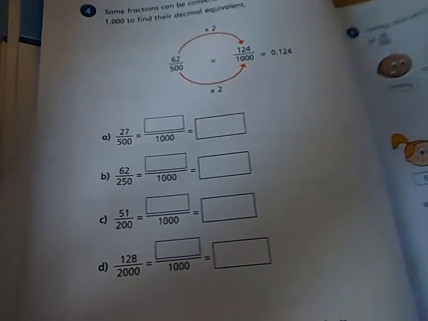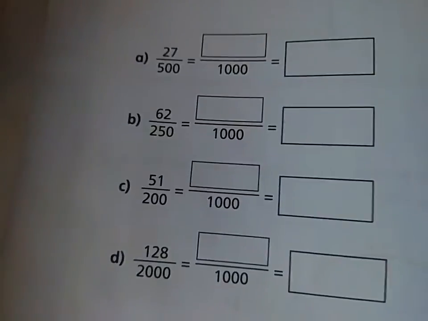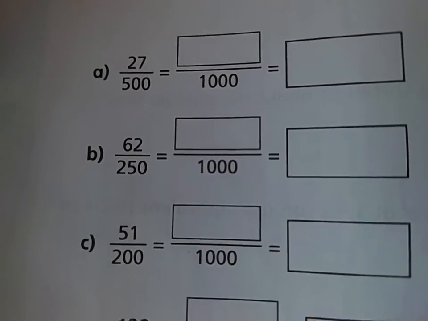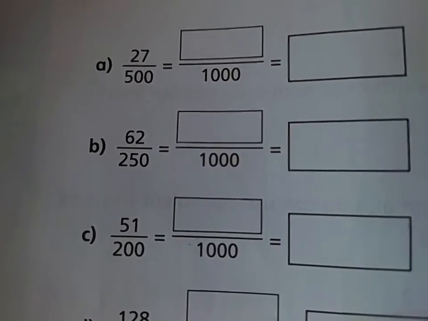So all of these questions, ask yourself this question. How can I change the bottom number? How can I change the denominator into either a 10, by timesing or dividing, by the way, not by adding or taking away, by timesing or dividing, by 10, by 100 or 1,000.